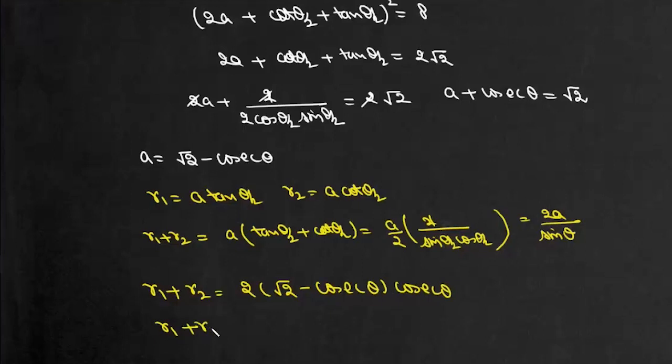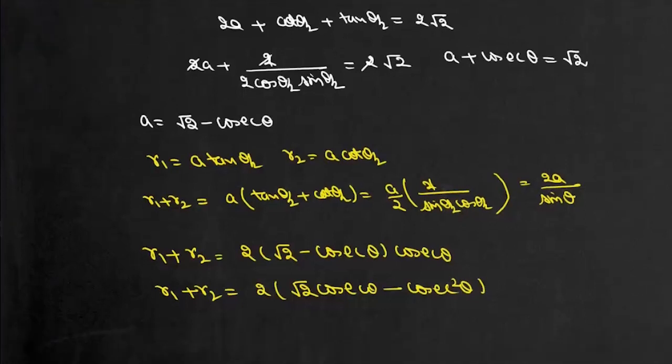So we can write this r1 plus r2 as 2 and then root 2 cosec theta minus cosec square theta. Now this r1 plus r2 is a function of theta. We have to maximize and minimize it. Now we'll differentiate this.